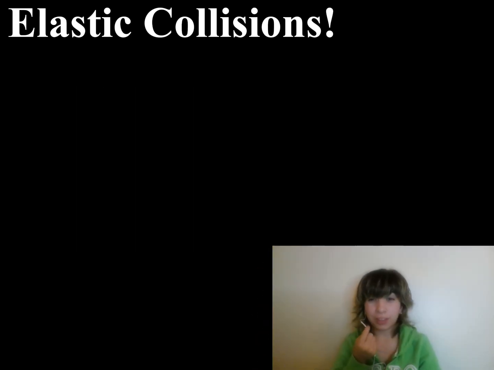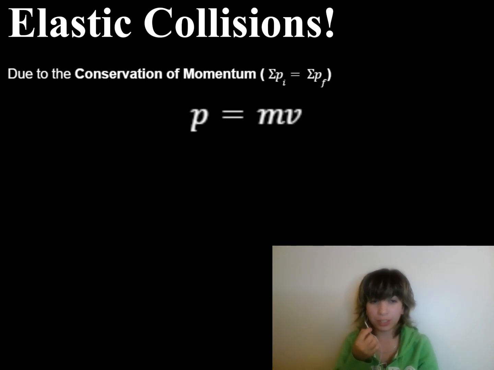Because collisions have everything to do with momentum and energy, when you're presented with a problem, you will either be trying to find the mass of the system or an object in the system or the velocity of the system before or after the collision takes place. So remembering that momentum equals mass times velocity, we'll end up with an equation that looks like this.